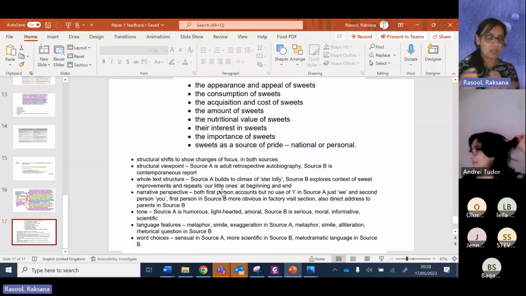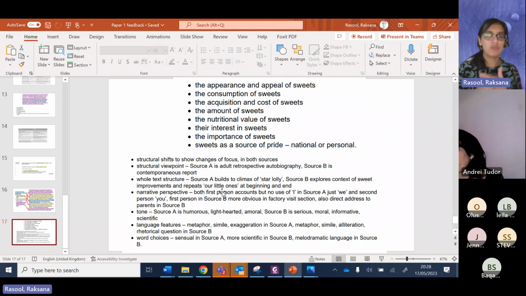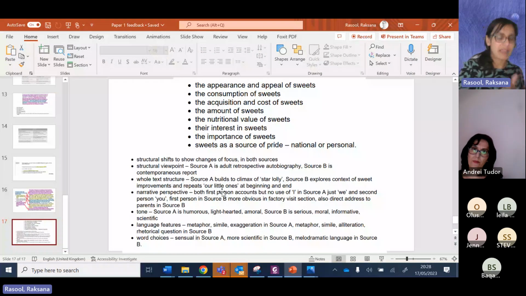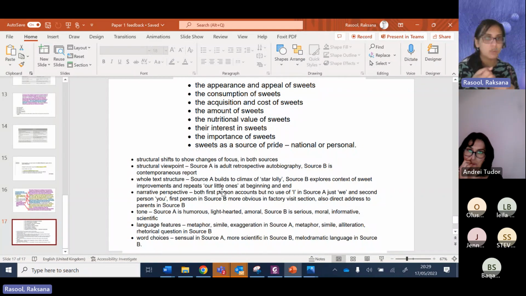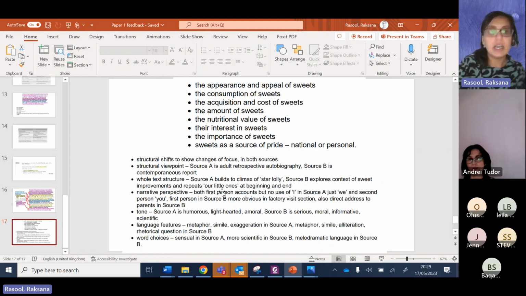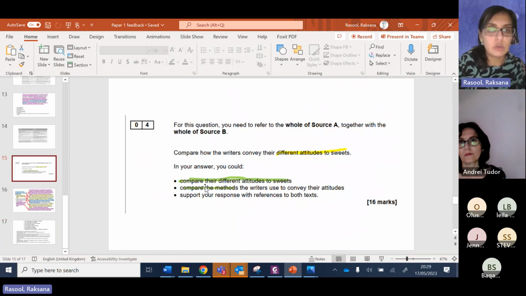So again, section A would be a true or false question 1, a compare and contrast quick summary question 2, question 3 on language on source A, and then question 4 comparing the structure, perhaps the narrative point of view, the tone, the language. Anything that you noticed, but focusing specifically on that question with evidence. Because if you look at question 4, there's only 2 bullet points.